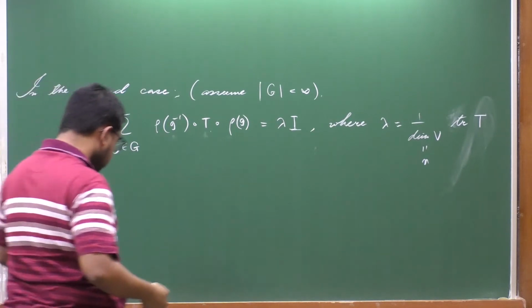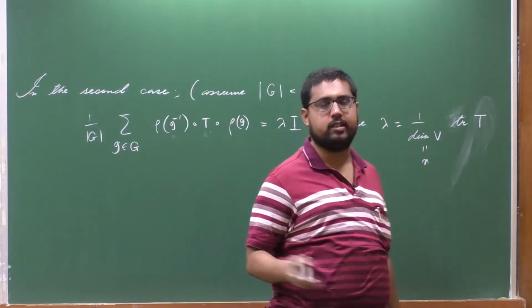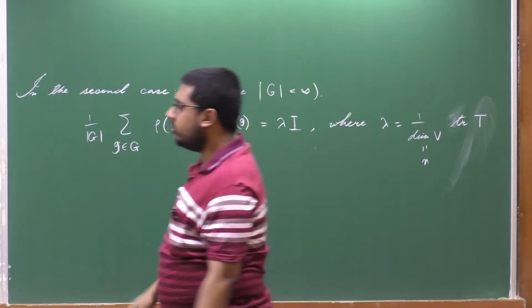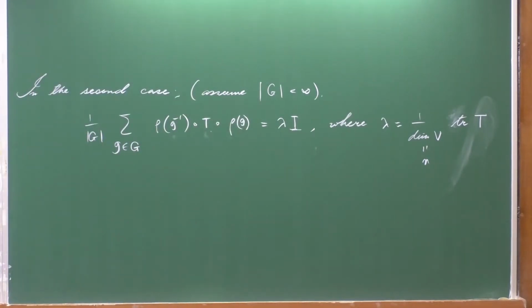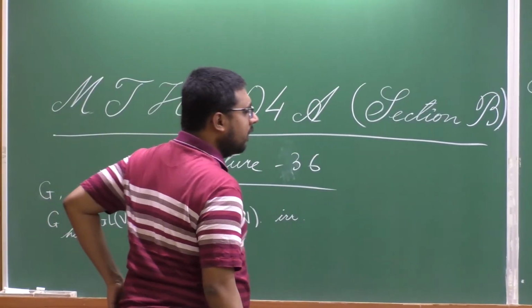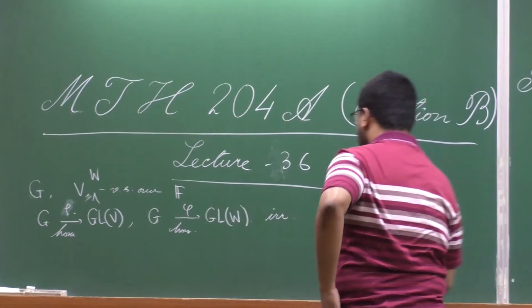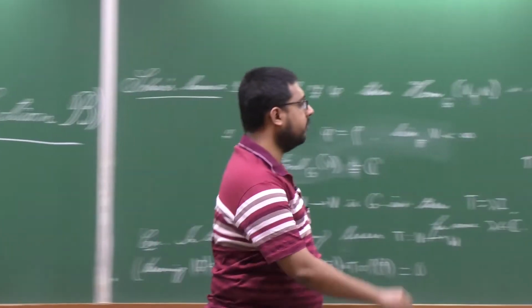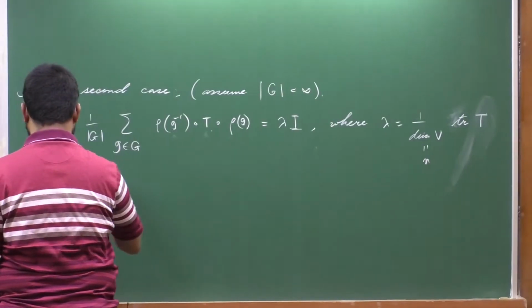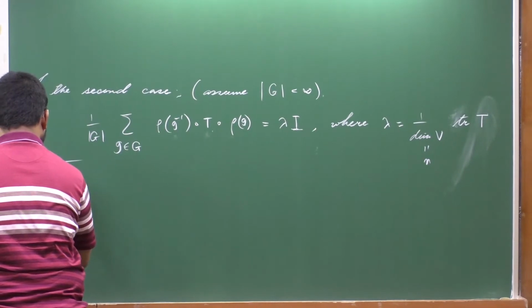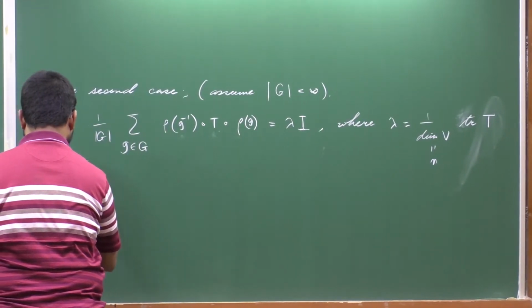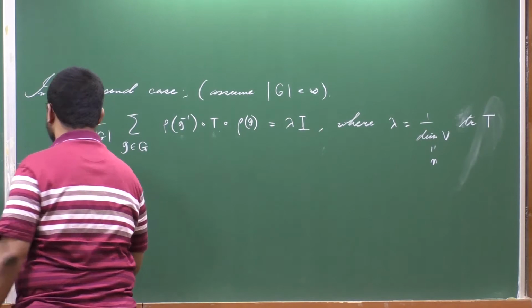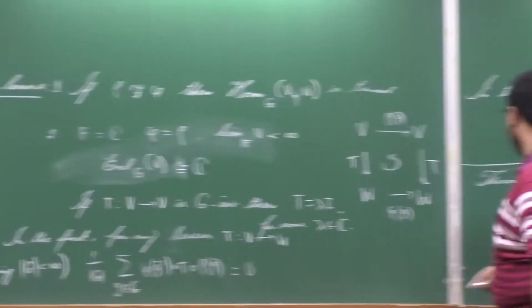Now we are going to deduce some consequences from this. We should do them one by one. From now onwards we throughout assume G is finite. Remember, in Schur's lemma we do not need that.